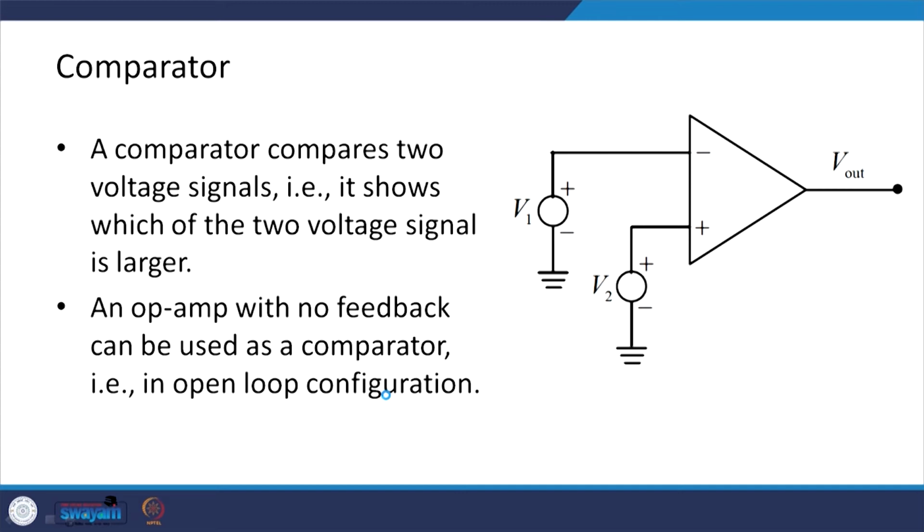So, for that purpose, we send one signal, say V1, to the inverting terminal, and another signal, say V2, to the non-inverting terminal. So, there is no feedback. An op-amp with no feedback can be used as a comparator. That is, it is in the open loop configuration, since we are not going to have any feedback.